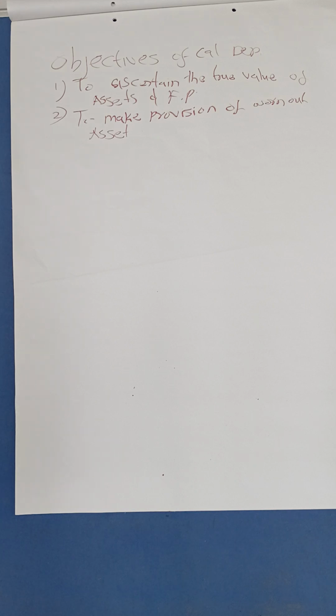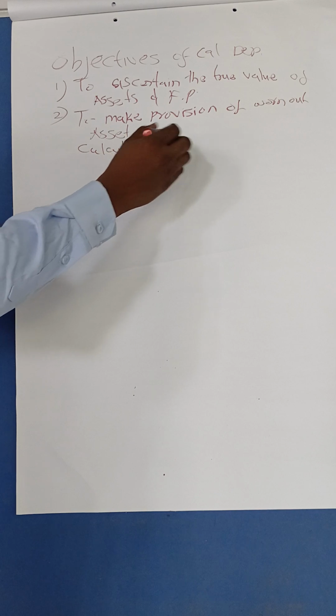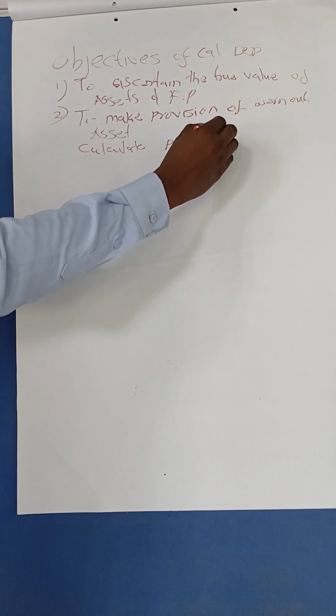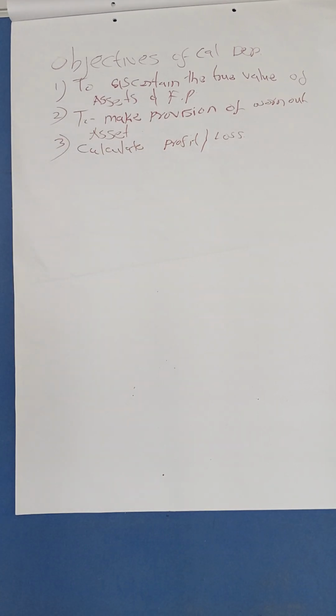Then to calculate the correct amount of profit and loss. Because at the end of the year, we have to come up with the financial position or the balance sheet. So we also have to come up with the comprehensive income of the business to be able to determine the profit or loss.